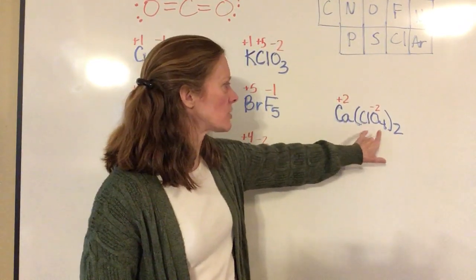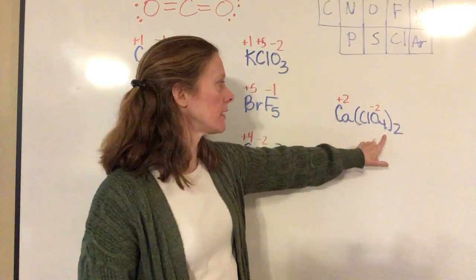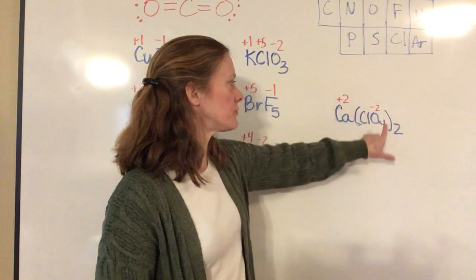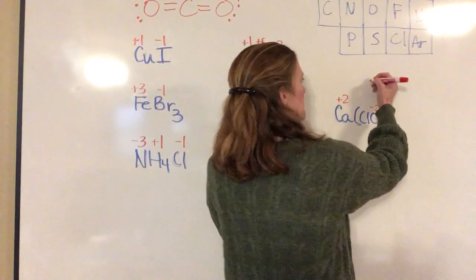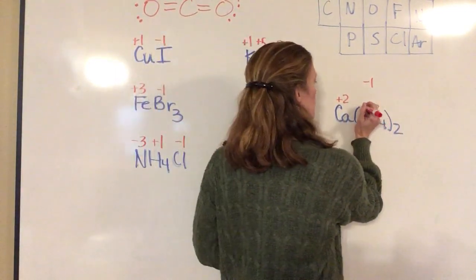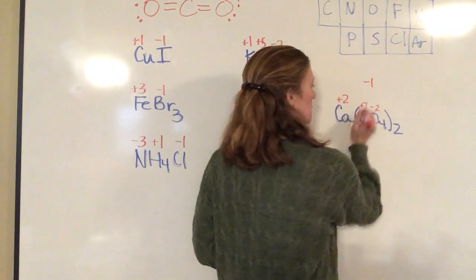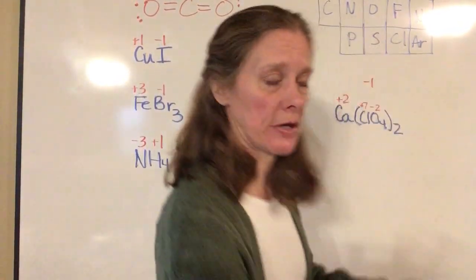So if I look at what's inside the parentheses as far as the polyatomic ion goes, 4 times the -2 gives me a -8. And if I need the whole thing to add up to a -1, the chlorine is going to have to be a +7. Okay? So that's one way to think about it.